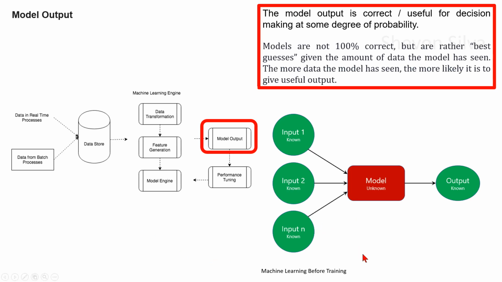Here you can see machine learning before training. In a machine learning problem, the model is unknown initially. We have no way of determining the output value based on the input values.